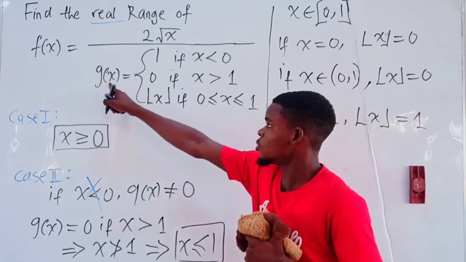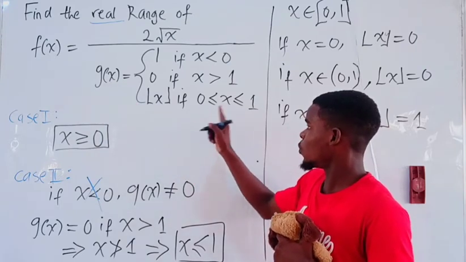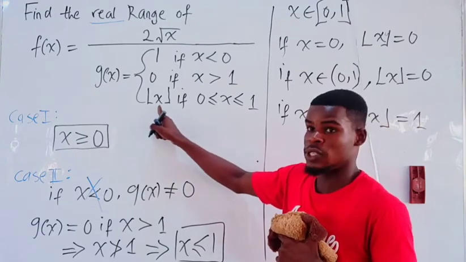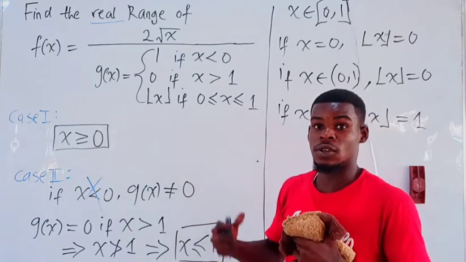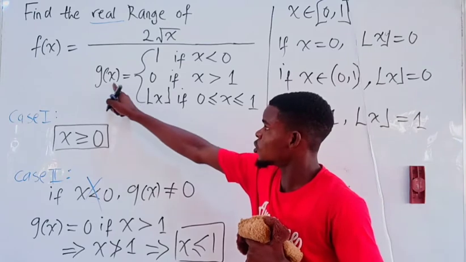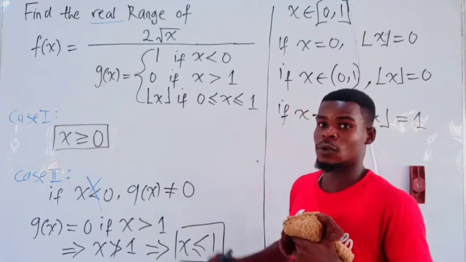The third case tells us that g of x will be the floor function of x if x lies between 0 and 1, with 0 and 1 included. So you notice, if x is 0, this will be 0, meaning the denominator is 0. If x is between 0 and 1 with 0 and 1 excluded, then the floor function will still take us back to 0, meaning the denominator will be 0. The only way the denominator is not going to be 0 is if x is equal to 1.